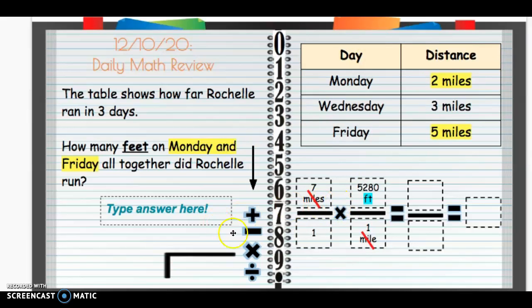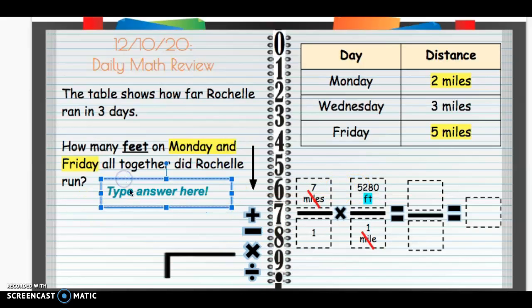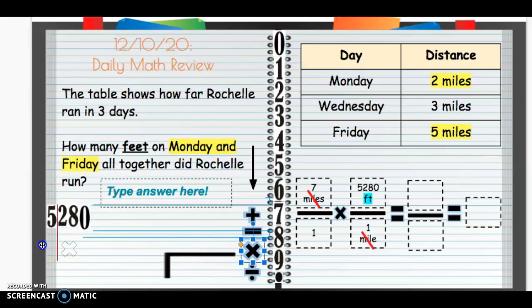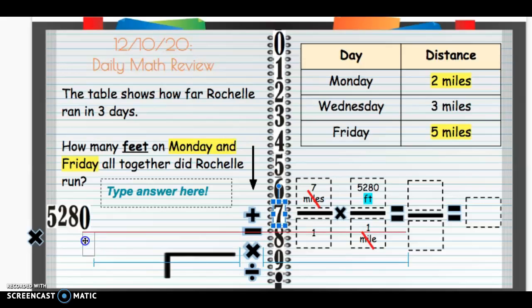All right, so now that we have all our information, we need to now multiply 5,280 times 7. So we do our 5, 2, 8, 0. We're going to times it by 7.